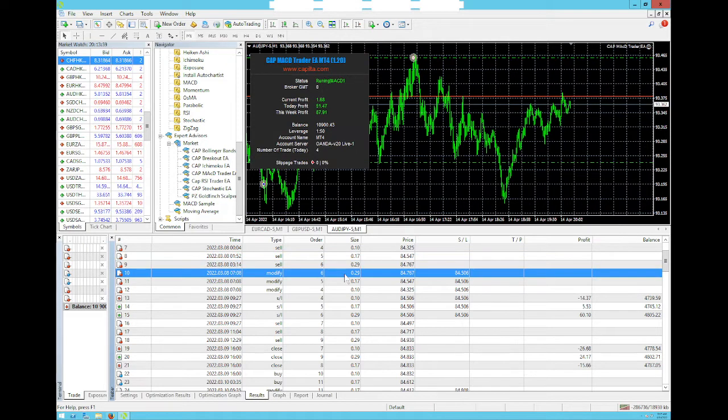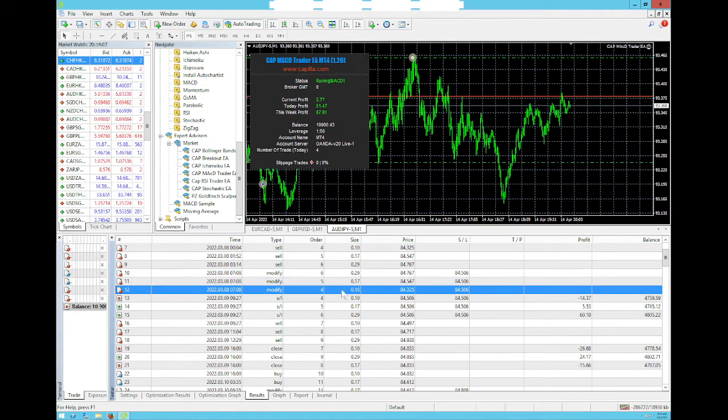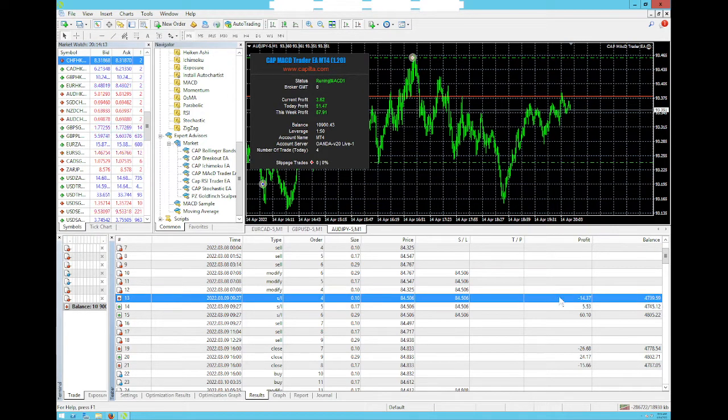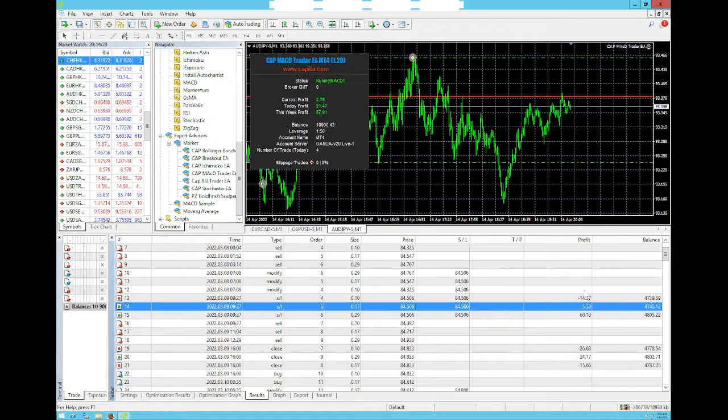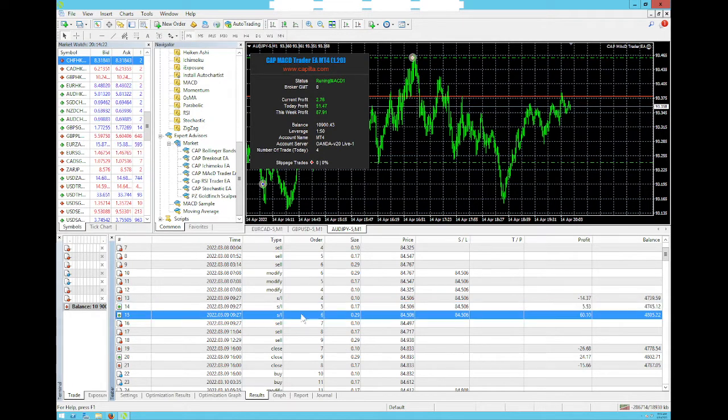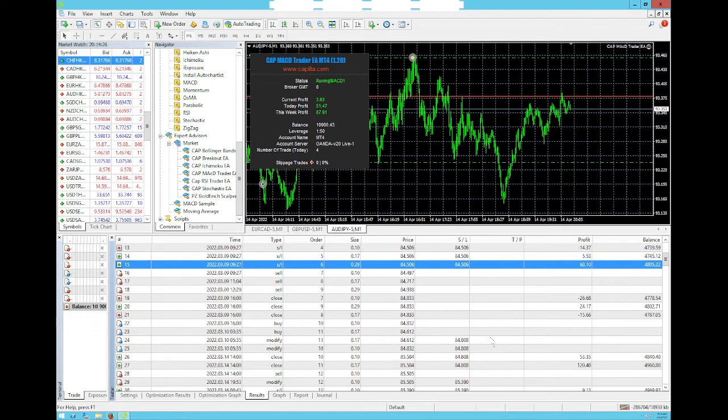This modification was obviously the break even, start and step, so I don't keep losing money. Boom, boom, boom, 1 for each one at the same stop loss number. And then finally, it closed. You can see that my first one closed in negative, but my other ones closed in positive, which made up for that negative. And this is what I like. I like seeing this. I ended up making a profit right there.